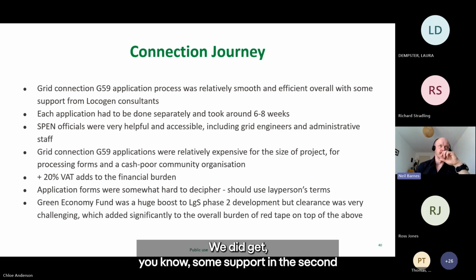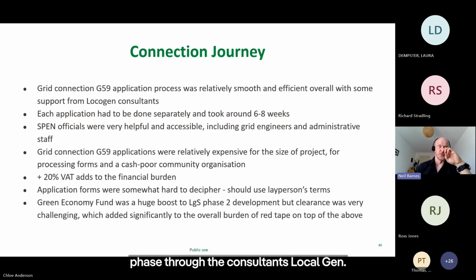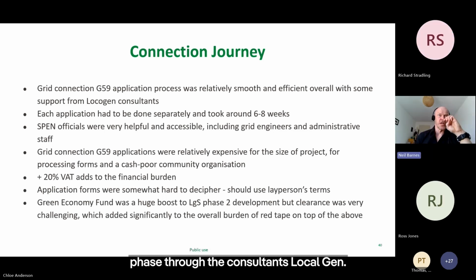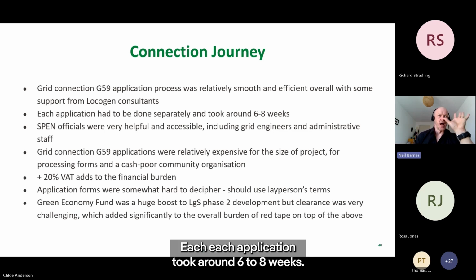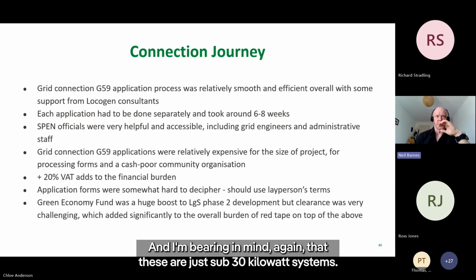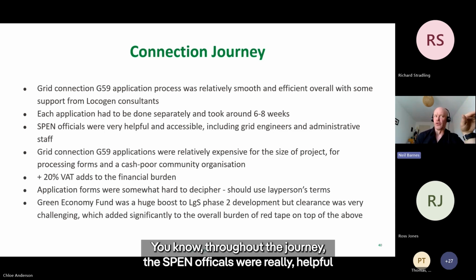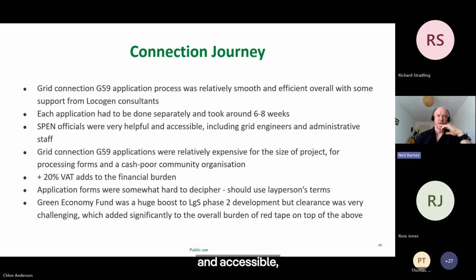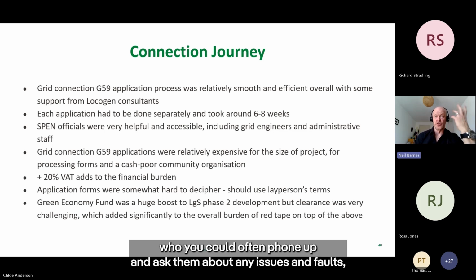We did get some support in the second phase through the consultants Locogen, which was very handy. Each application took around 6 to 8 weeks, bearing in mind these are just sub 30 kilowatt systems. Throughout the journey, the Spen officials were really helpful and accessible, including the grid engineers, who you could often phone up and ask about any issues and faults.